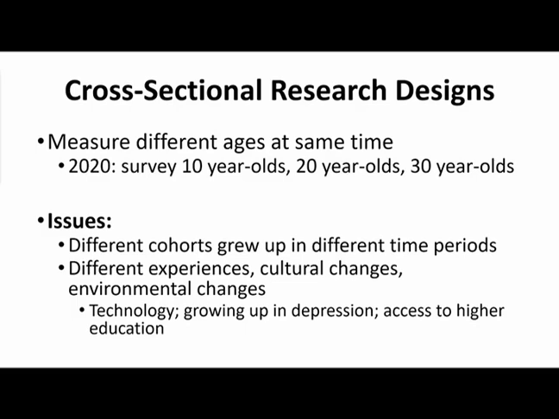But from that aside, the issue here is that our different cohorts grew up in different time periods. So the 10-year-olds were born in 2010 and grew up in that time period. 20-year-olds would have been born in 2000, 30-year-olds in 1990, and of course they're all going to be experiencing different things. So because of when they're born, they're going to have different experiences, different cultural experiences, different environmental experiences.